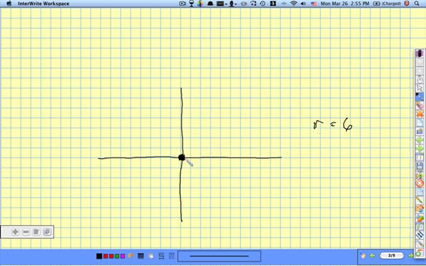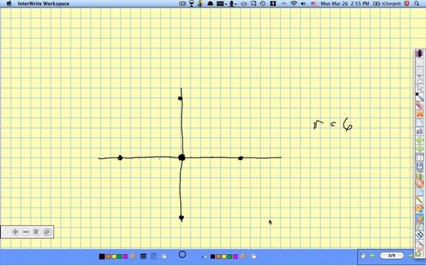Go from your center and go 1, 2, 3, 4, 5, 6 this way. Go 6 this way. Go 6 up. And go 6 down. And then draw a circle best you can.